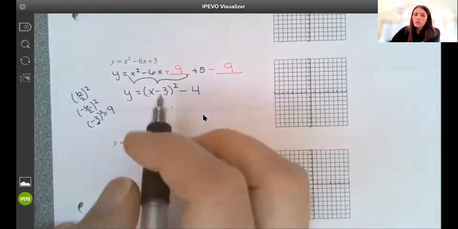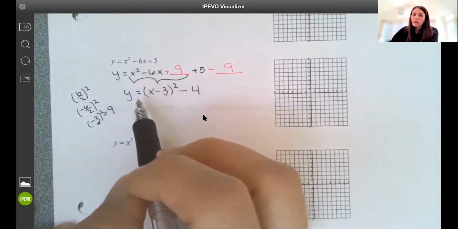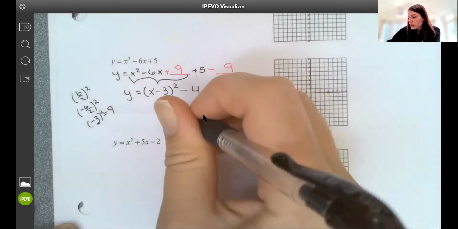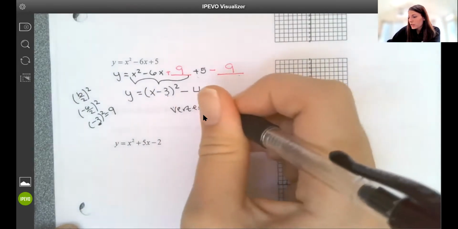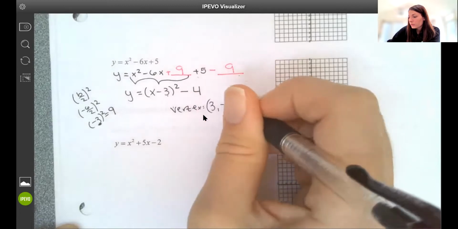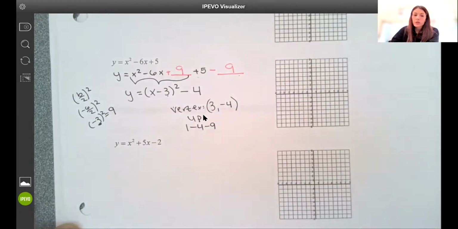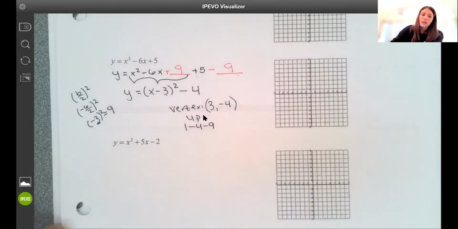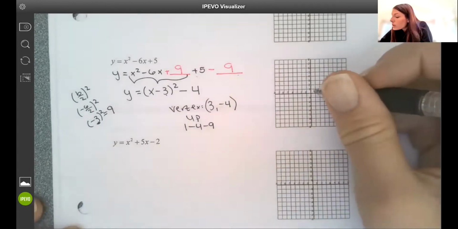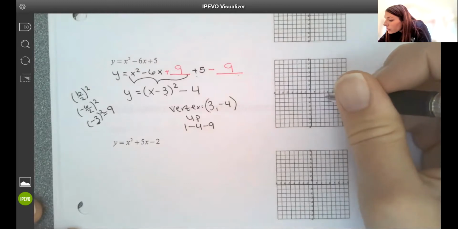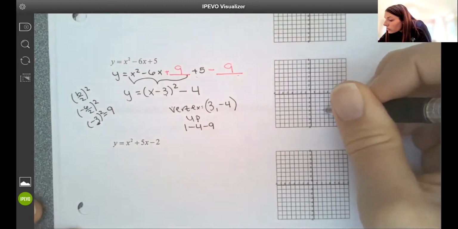And so now I don't have to go through all the process of graphing in standard form to find the vertex. I can now know the vertex is (3, negative 4), and it will open up following the 1, 4, 9 pattern. So I've rewritten it in an easier form to graph. 1, 2, 3, 1, 2, 3, 4.